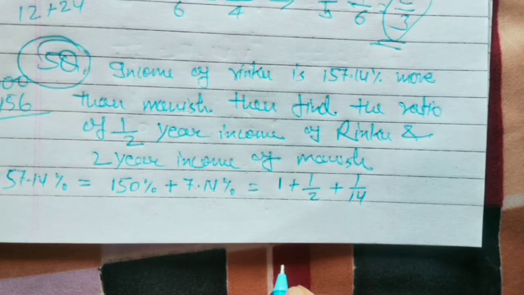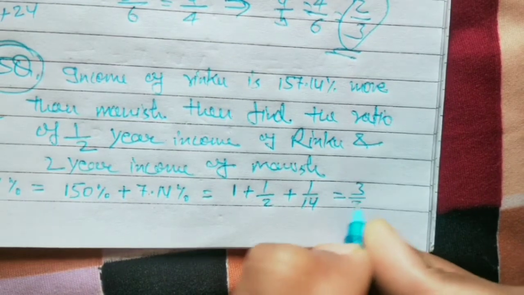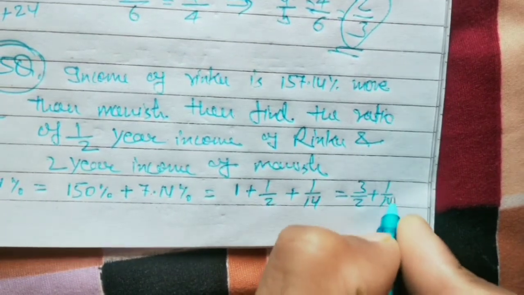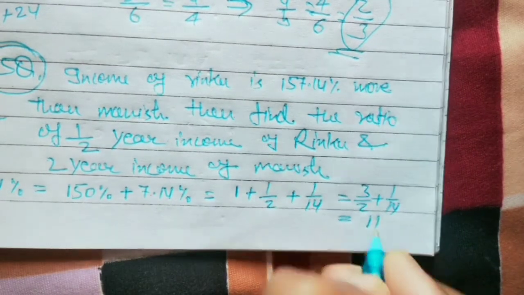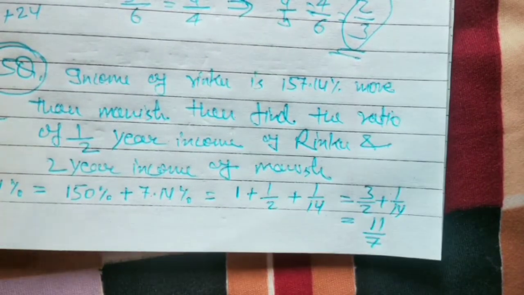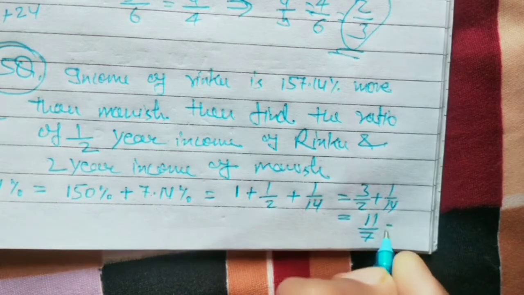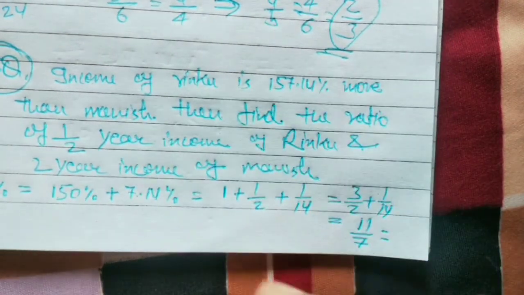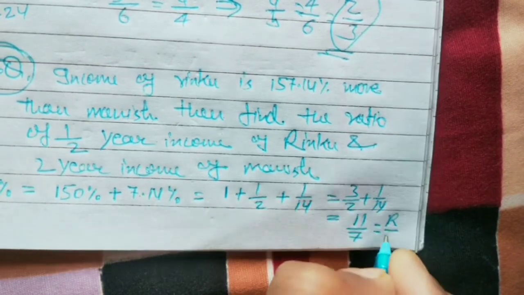So on solving this we will get 3/2 plus 1/14, that is 11/7. So this is the income fraction of Rinku and Manish.